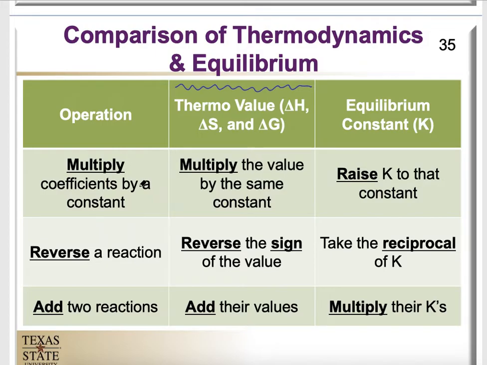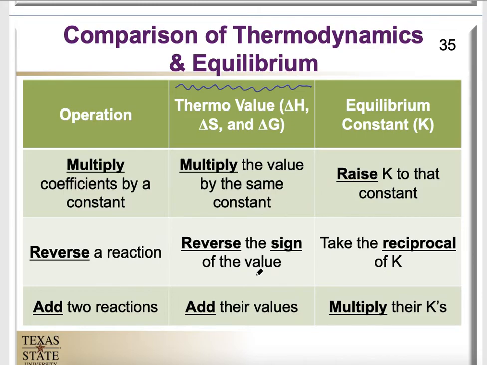If you multiply an equation by a coefficient, let's say that I multiply all of my coefficients by 2, then the Gibbs free energy, the entropy, and the enthalpy changes are also multiplied by that same number, by 2. If I reverse the equation, then the enthalpy, entropy, and Gibbs free energy are going to change in sign.